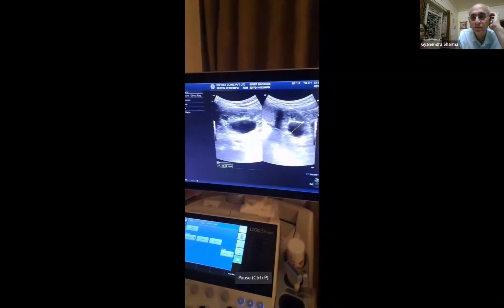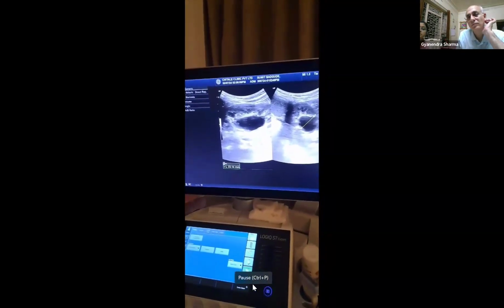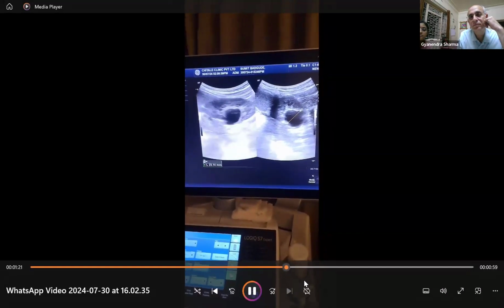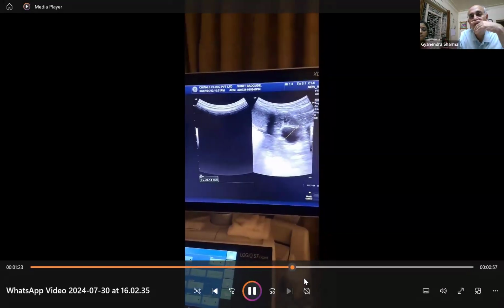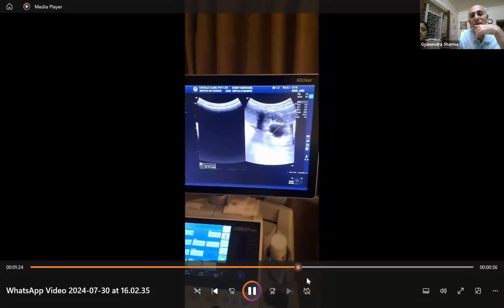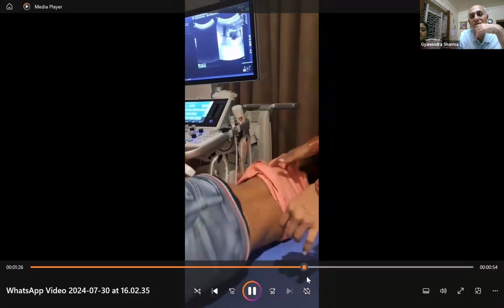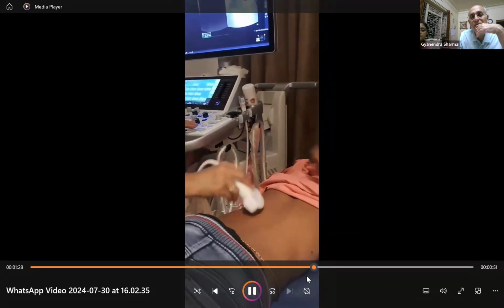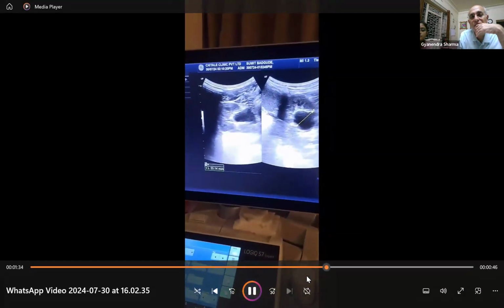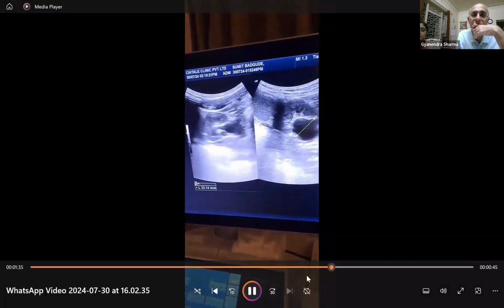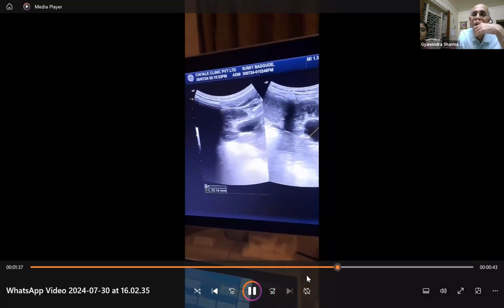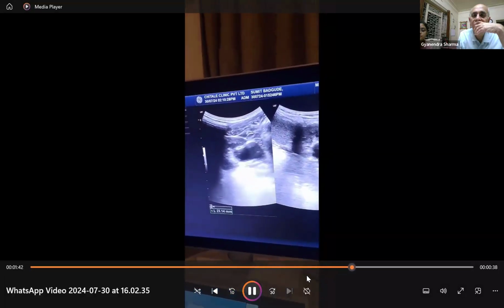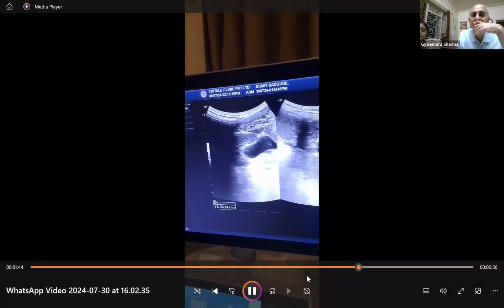Now that you have seen this, I am turning the patient to the prone position. You have a transverse view of the kidney and the intrarenal part seen here.